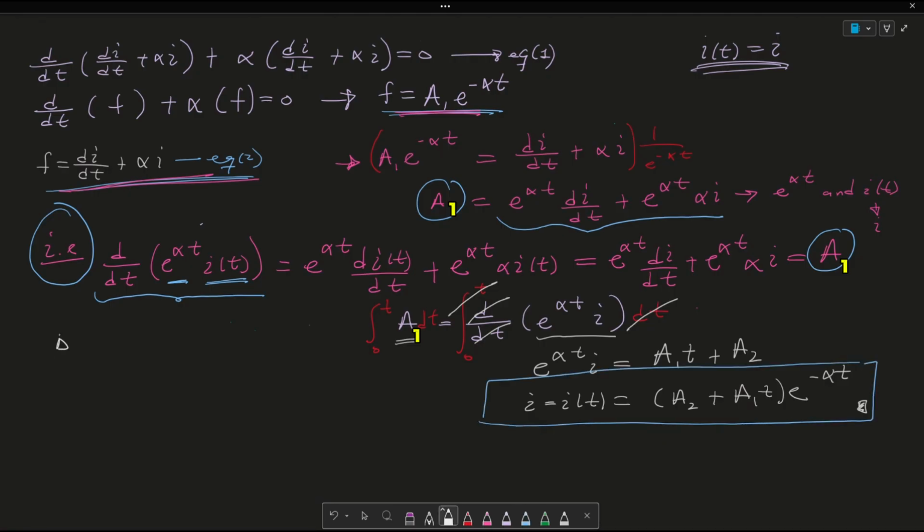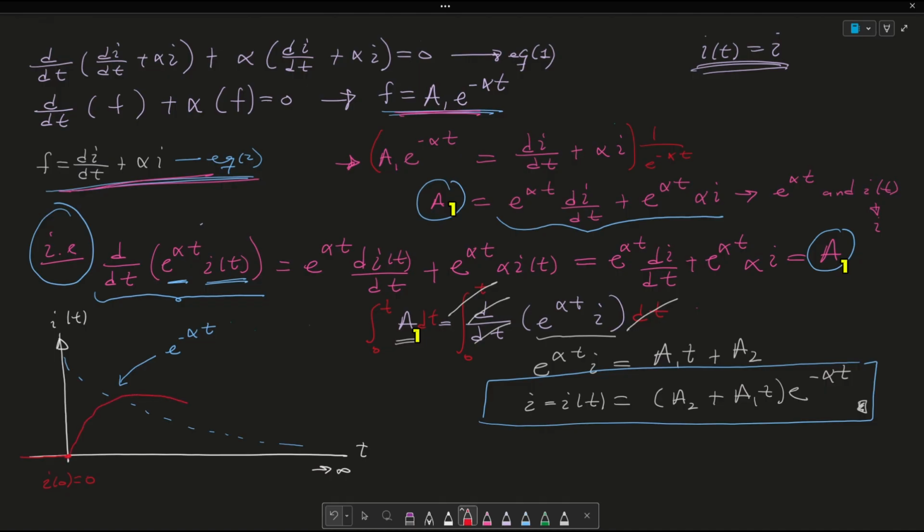If we wanted to plot I of t, we say that this is I of t, this is t as t goes to infinity. If I consider that I have a decaying function, let me call this decaying function e to the minus alpha t. And let's take that my current has been 0 all the way to I of 0 equals 0.